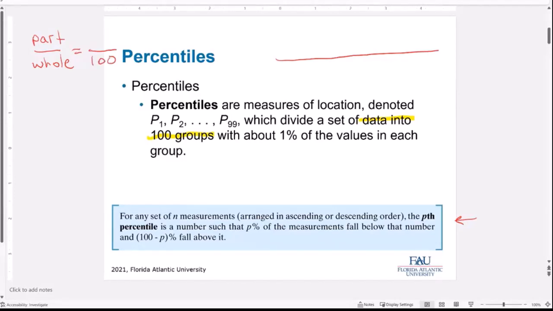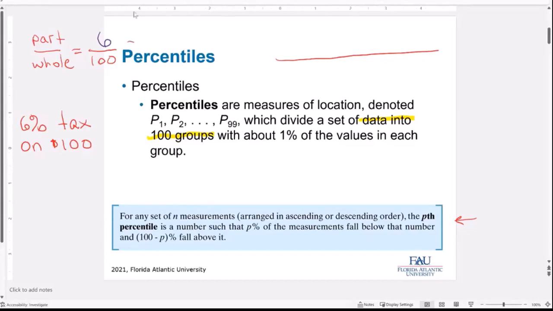For example, I pay 6% tax on $100. The whole is 100, which I have there in my denominator, and the part is 6. We can say that 6 over 100 is the same as 6%.